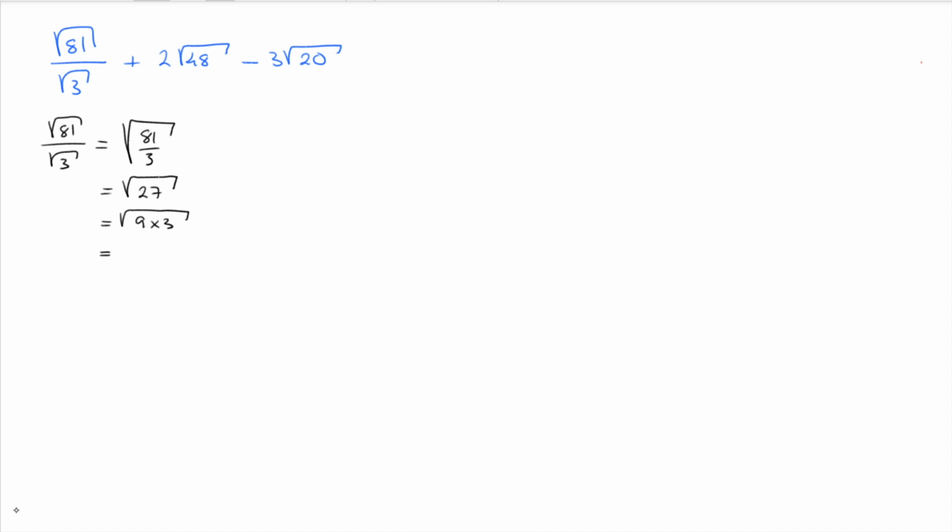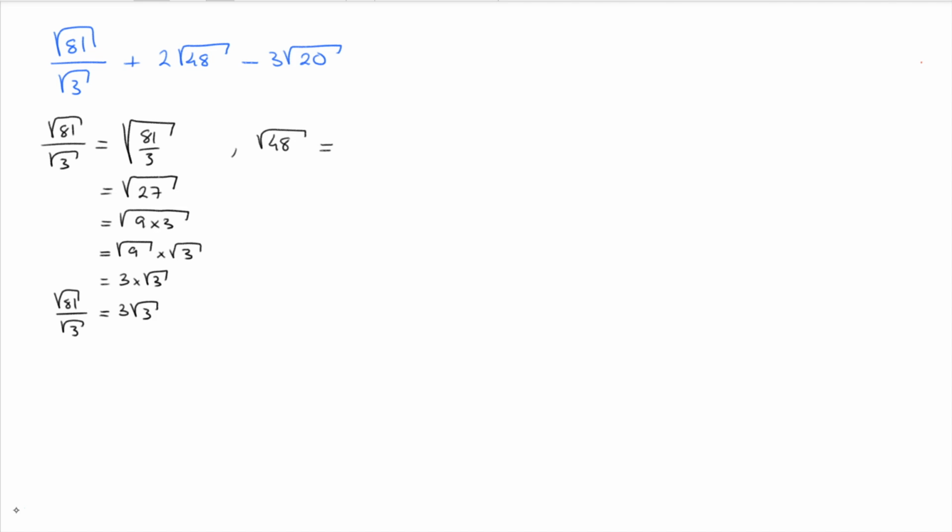That in turn can be split into 2, which leads us to the square root of 9 times the square root of 3, and the square root of 9 is 3. So this equals 3 times the square root of 3. Finally, we can state that the square root of 81 over the square root of 3 is equal to 3 root 3.